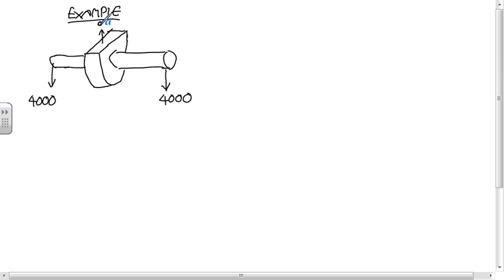Okay, and so if there's 4,000 newtons on each side of this axle, then that means 8,000 newtons has to be acting up for this to stay in equilibrium. And let's say that it's rotating counterclockwise to somebody over on the right side. What's the torque that must be applied?